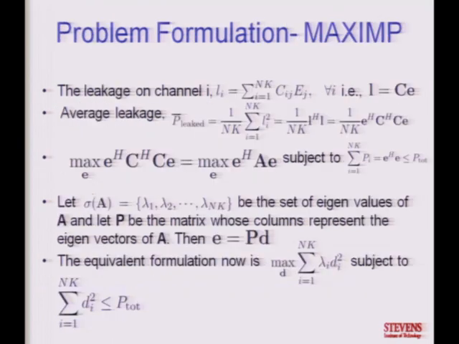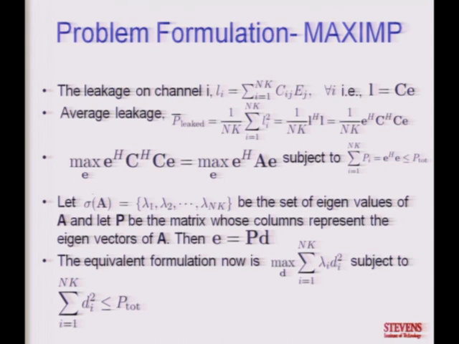The same thing when formulated as a formal optimization problem looks like this. So the average leakage is 1 over nk summation L_i squared, which turns out to be: maximize this function over E, the vector of signal strengths, such that that constraint is satisfied. E Hermitian E is less than or equal to E total.